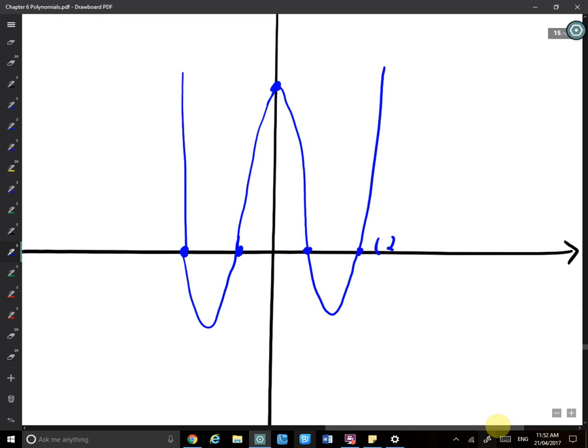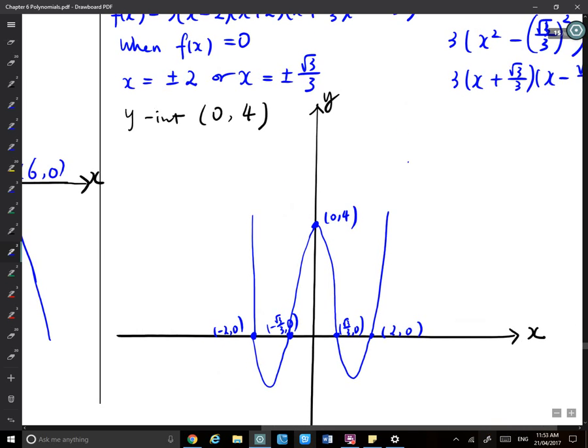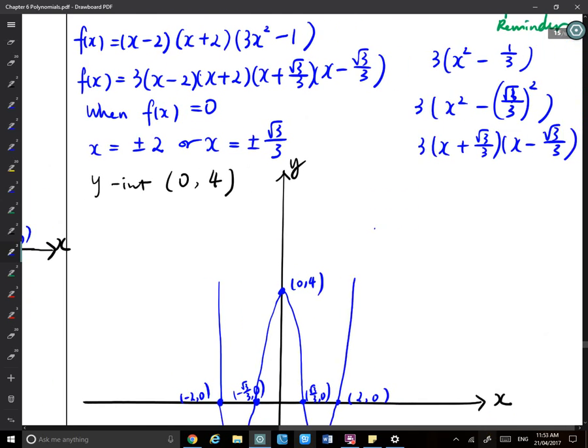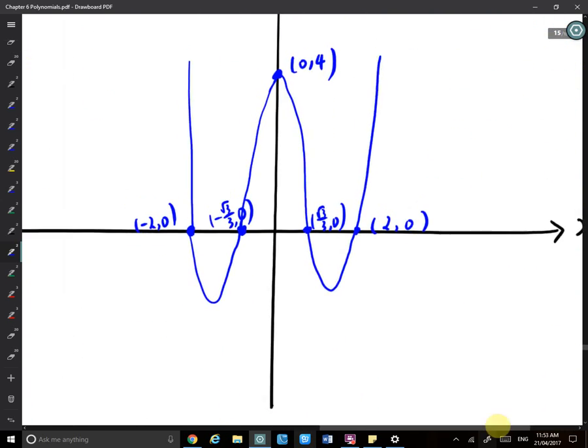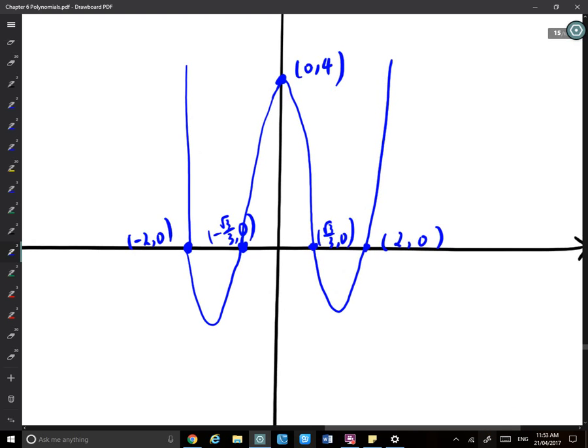That is (2, 0), (root 3 over 3, 0), (negative root 3 over 3, 0), (negative 2, 0), and (0, 4). What I want to have is f(x) greater than 0, not equal to 0.